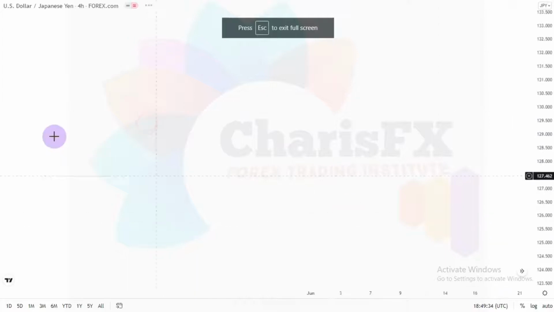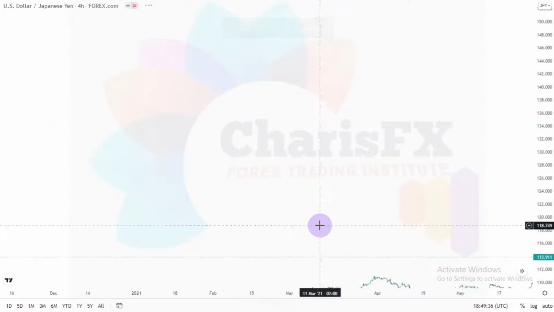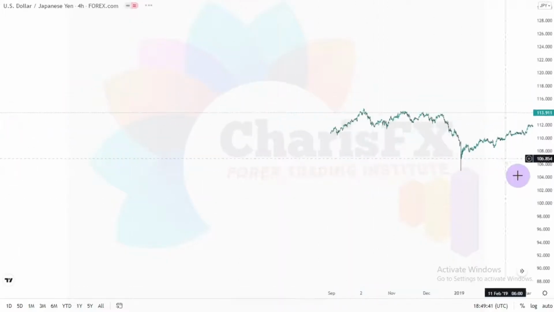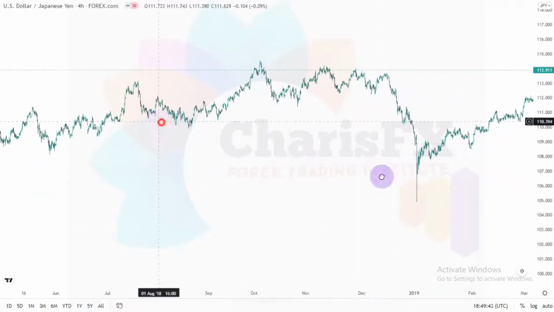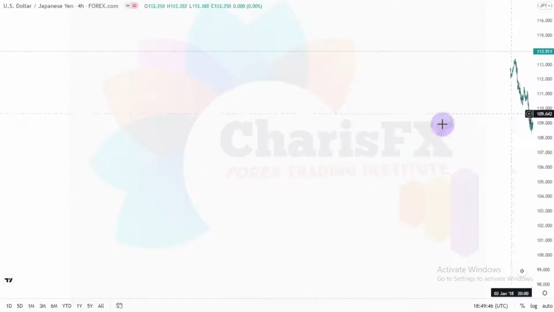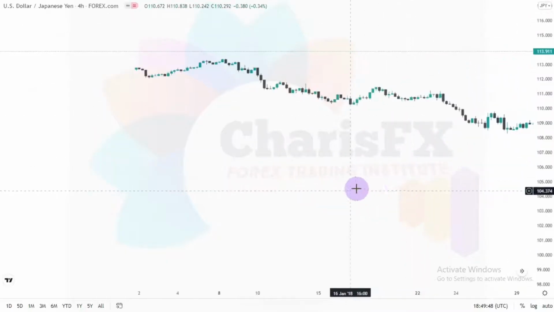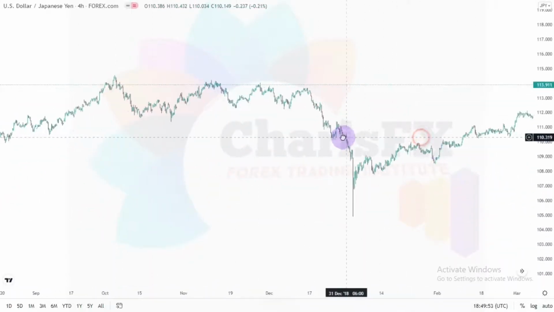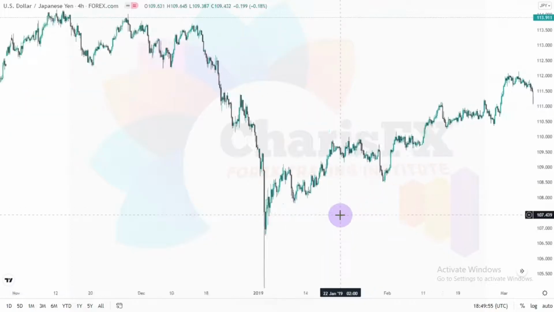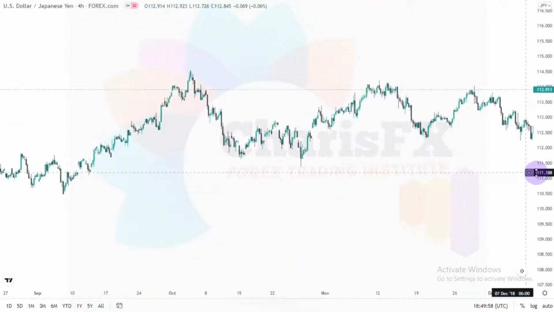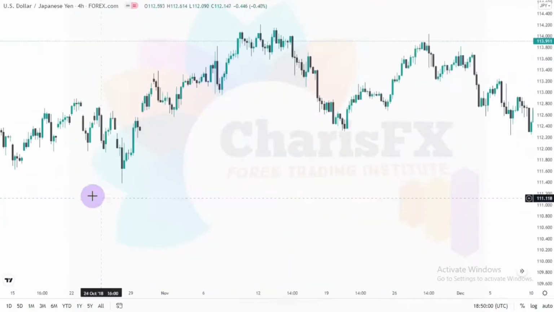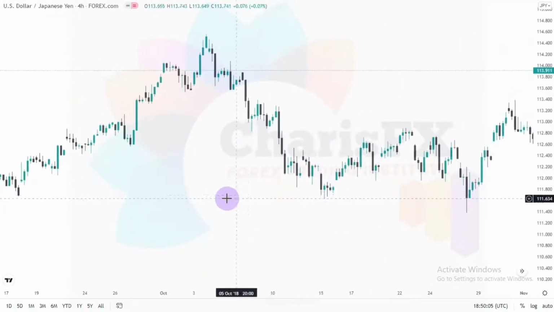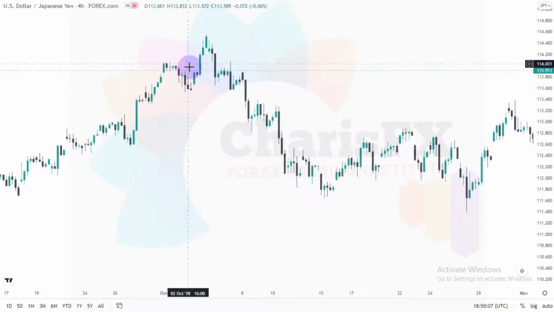Price has been bullish previously. So guys, we have been bullish.